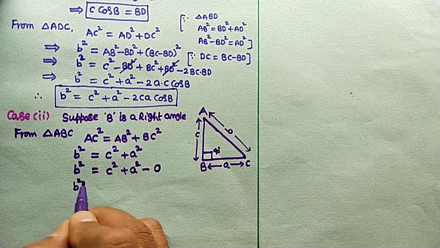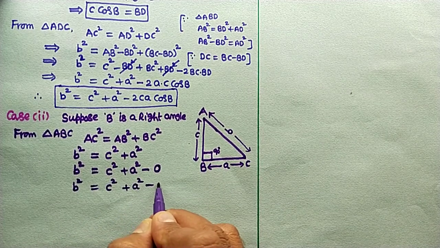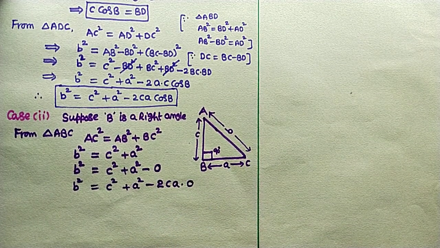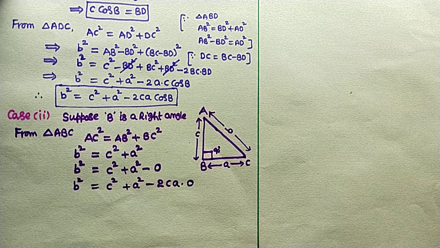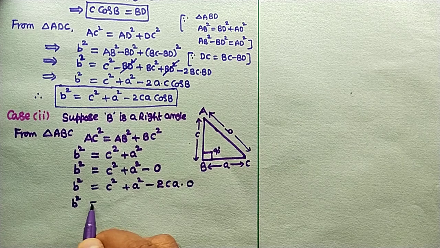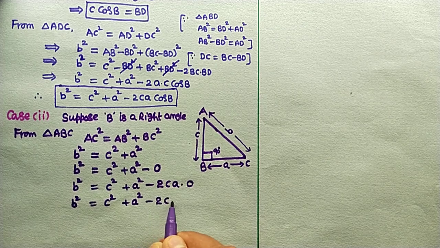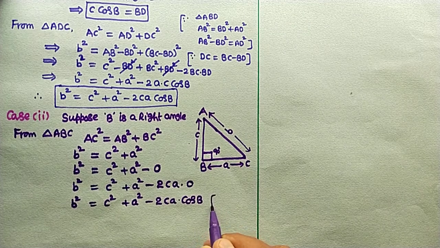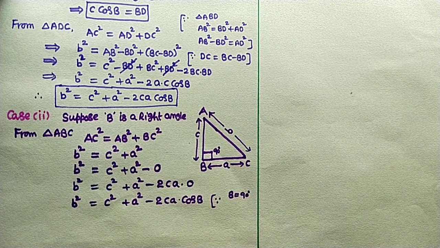Even if you write 2ca into 0, no problem at all. In place of 0, I am going to write cos B. So b square is equal to c square plus a square minus 2ca into cos B. Since B is a right angle, 90 degrees, therefore cos B is 0.